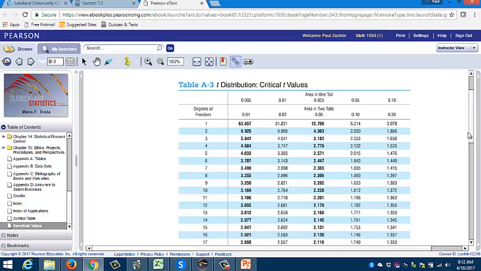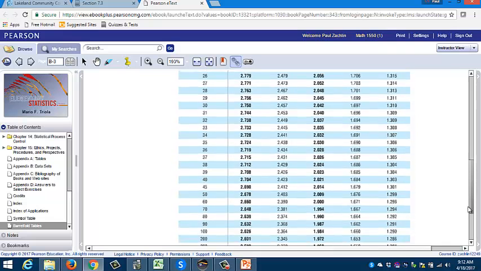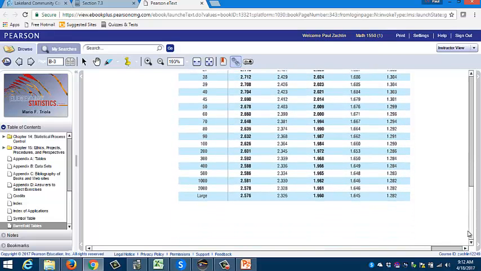But what I want to point out is the very bottom of the page. Look at this. If you have 100, the critical value is 1.962. If you have 200, it's 1.961. And anything bigger than that, they say 1.960.